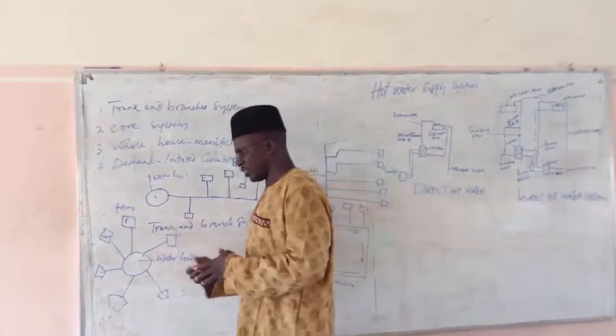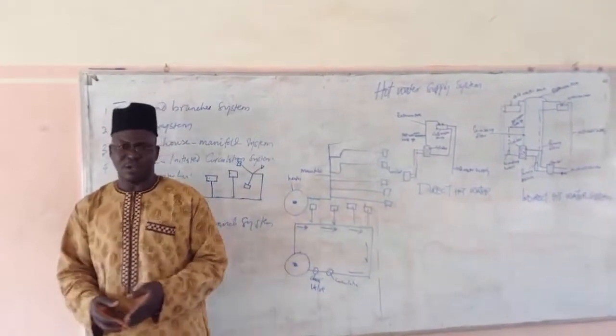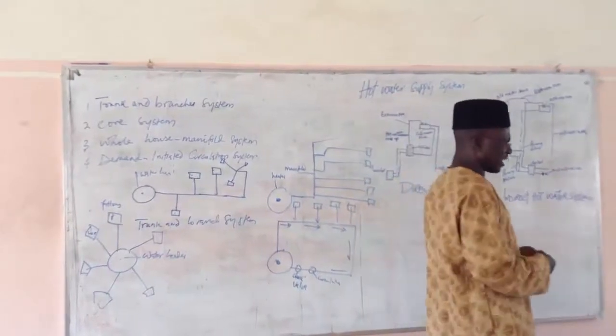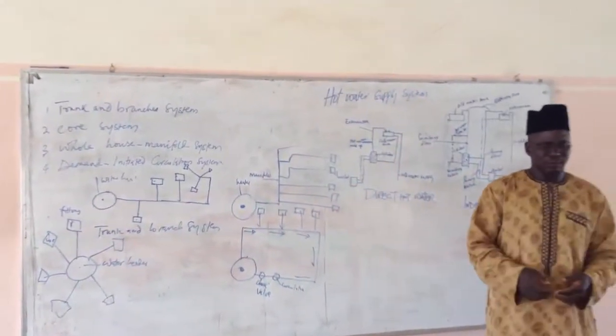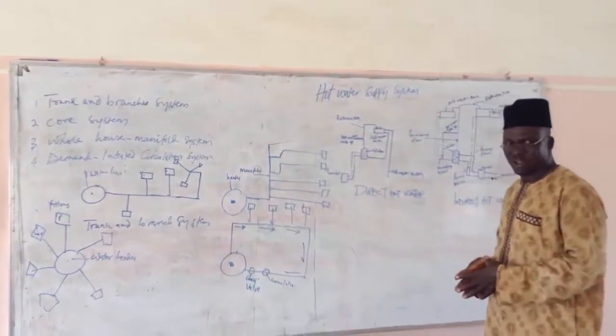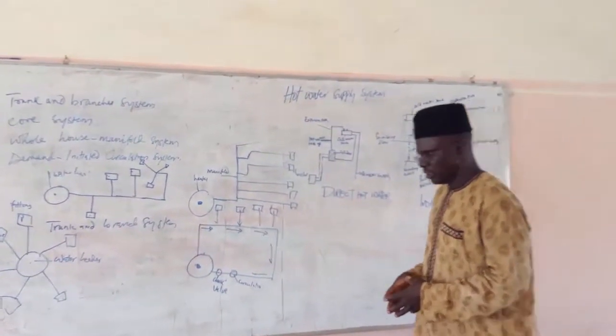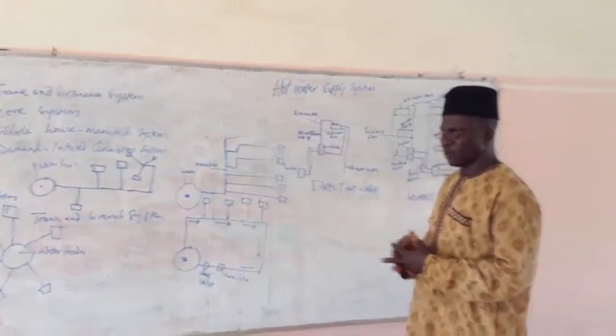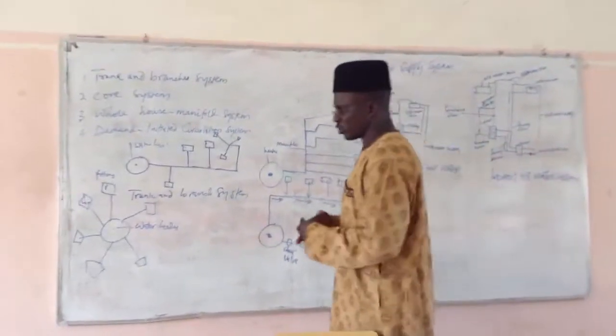The one that is connected to a heater at every point of need of hot water is called the direct. The one that has a central heating system that distributes water to various points is called the indirect hot water supply system. We have also seen drawings that differentiate between the direct and indirect hot water supply.